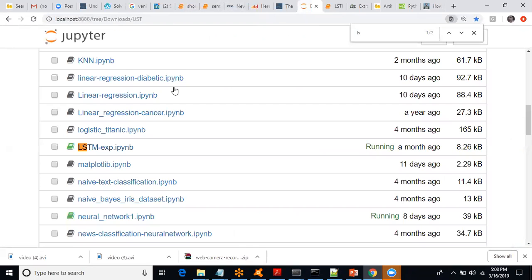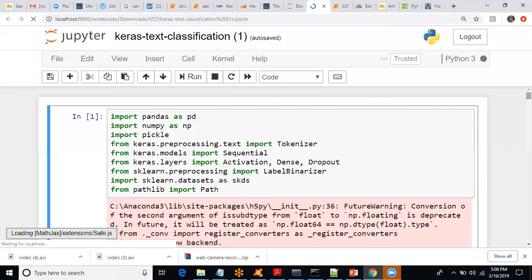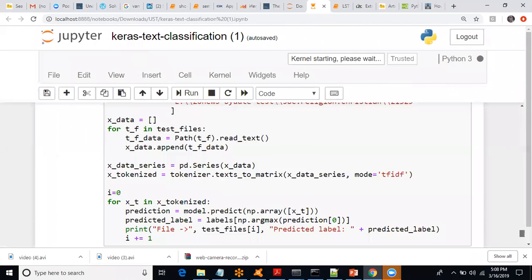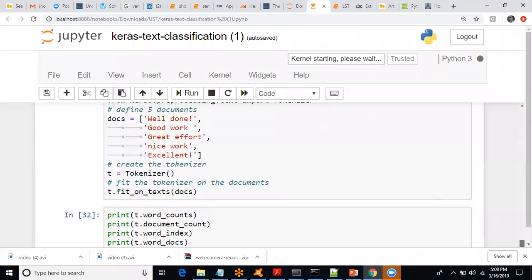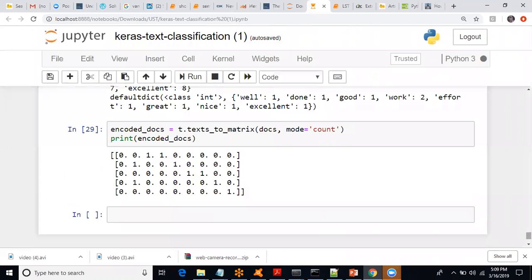If you look at this one, can you see this matrix? It is all 0s and 1s.